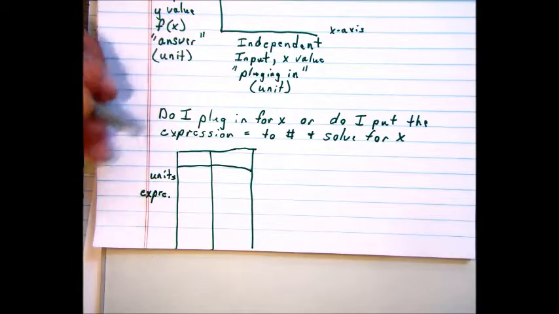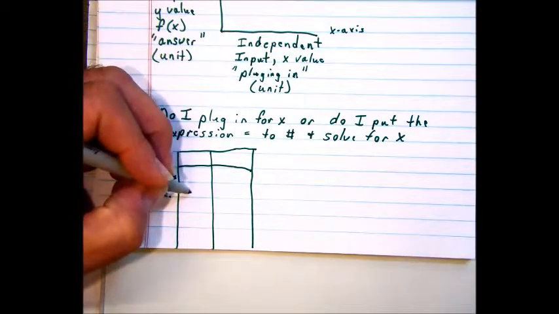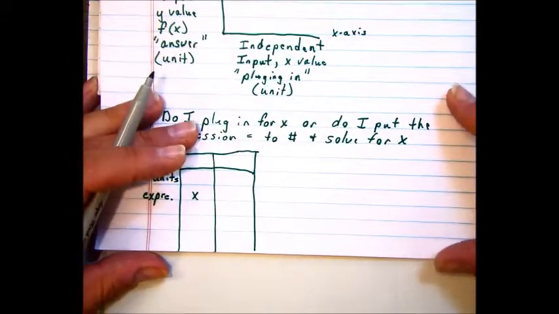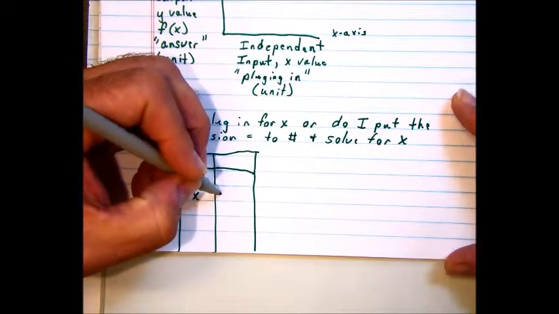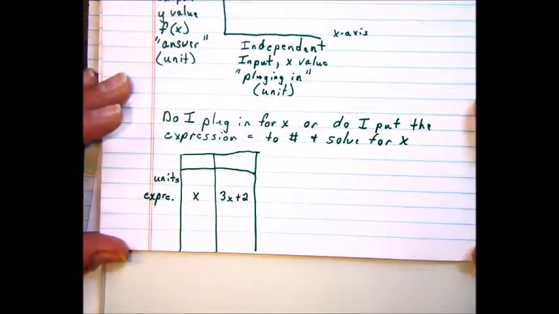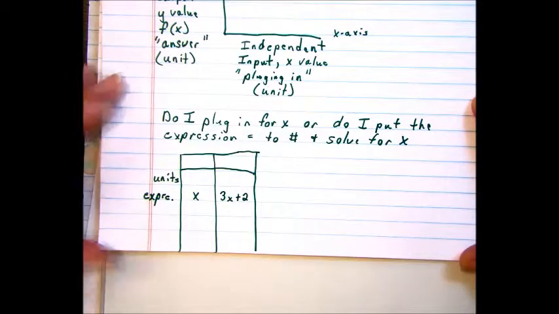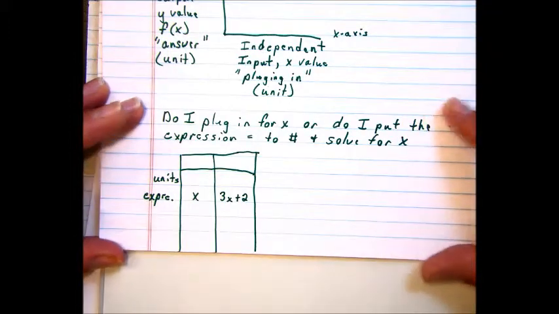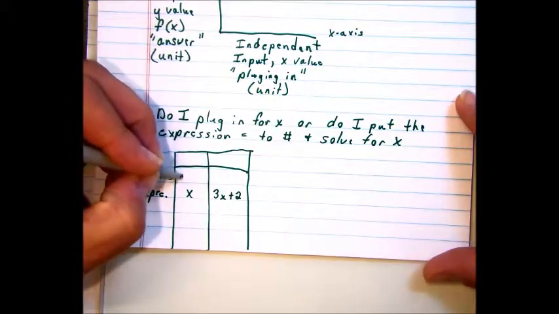Okay. Now the expression, one of them will always be a variable by itself. The other expression is the actual math problem. So in this case, we'll say it's 3x plus 2. Okay? And we will say that this unit is minutes.